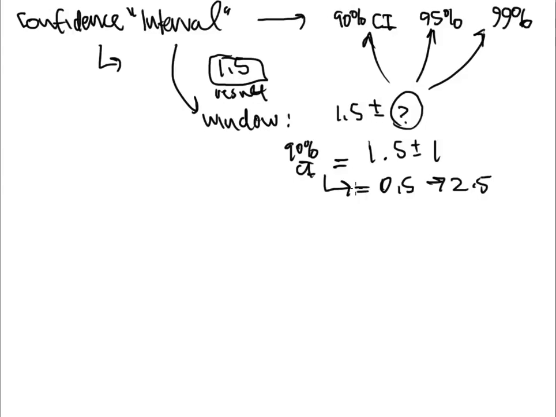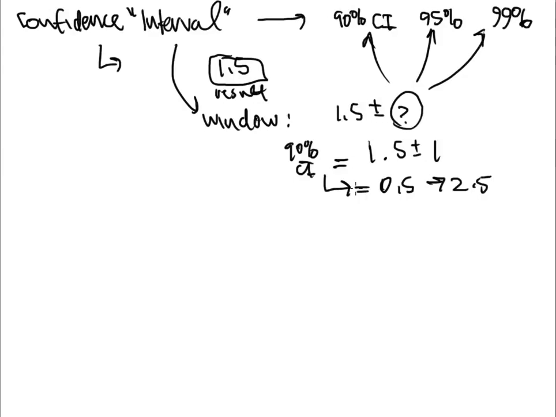So what I'm saying here is that I got a 1.5 value, but I am 90% certain that the true value, it's not 1.5, but it's the true value, lies within the window of a half to 2.5. So if I went to Vegas and I put my money on the betting table, 90% confident that the true value, whatever that value is, that true value lies within that window. And that window is what we call the confidence interval.